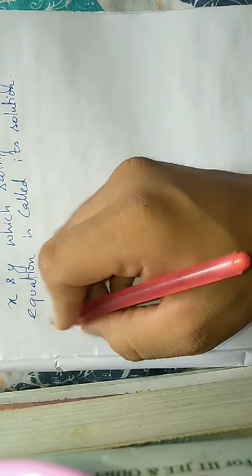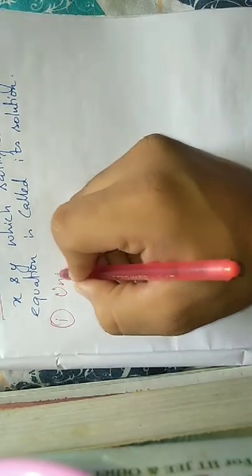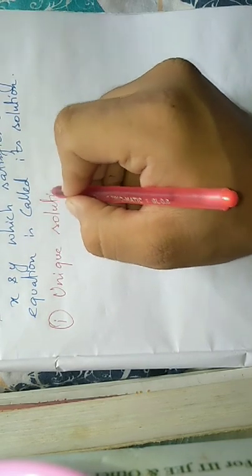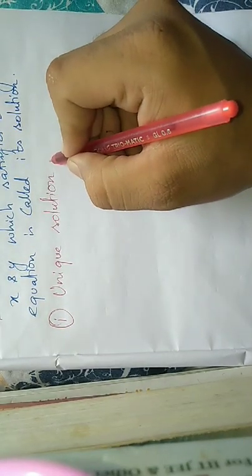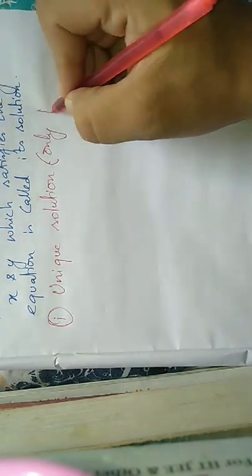There are usually three major kinds of solutions that you will get. Number 1, unique solution, which means only one solution will be there.